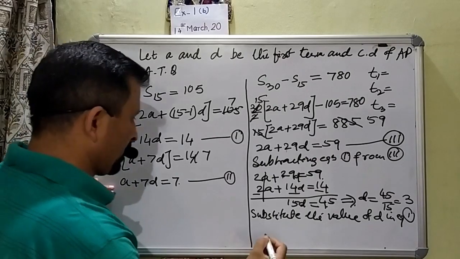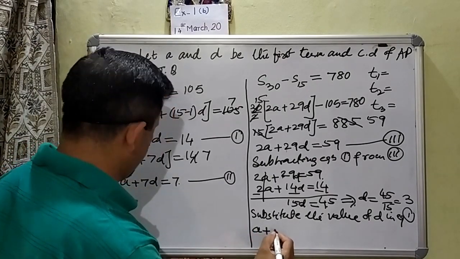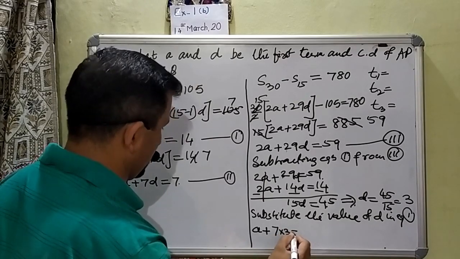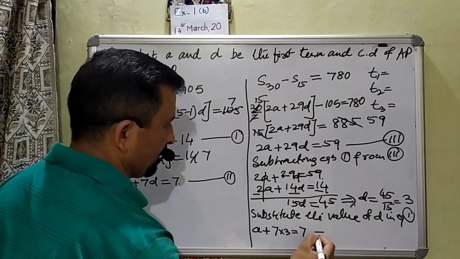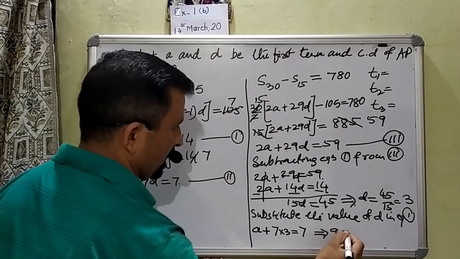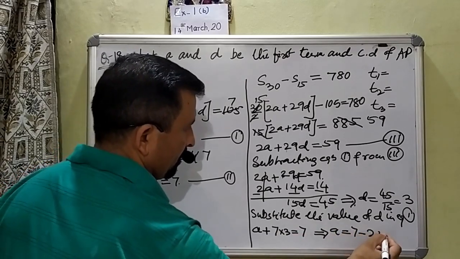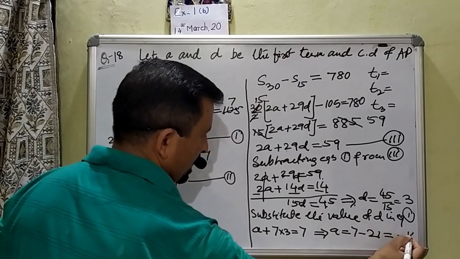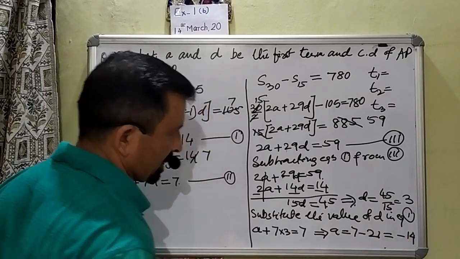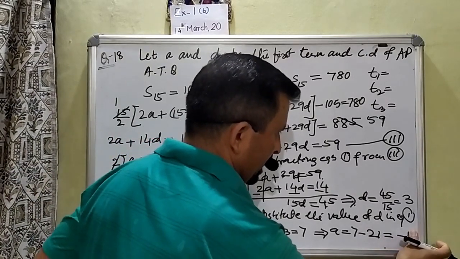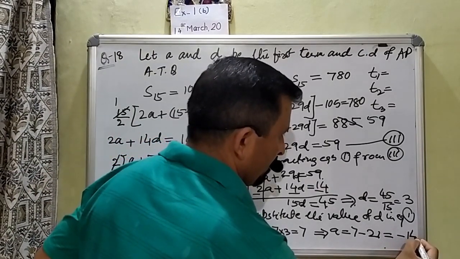We get a plus 7d, and d is 3, so 7 into 3 is equal to 7. This implies your a will be equal to 7 minus 21, and finally this is equal to minus 14. The value of your a is minus 14.